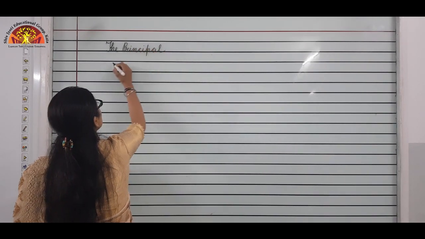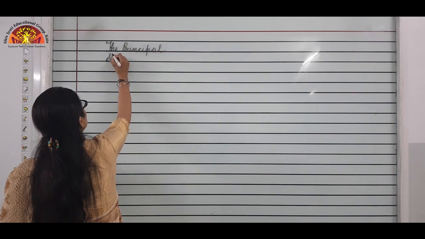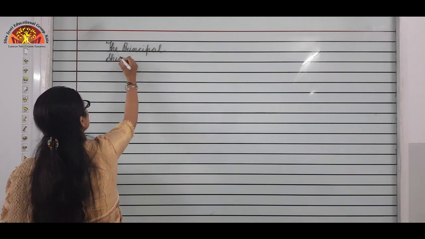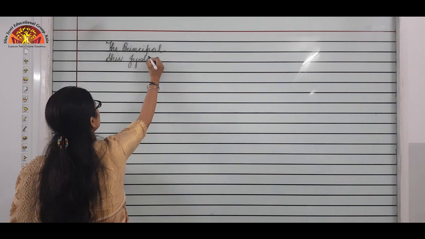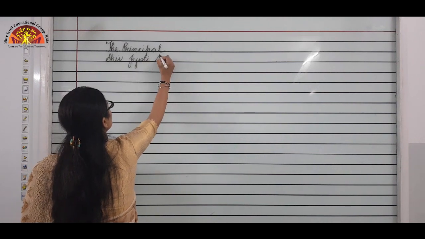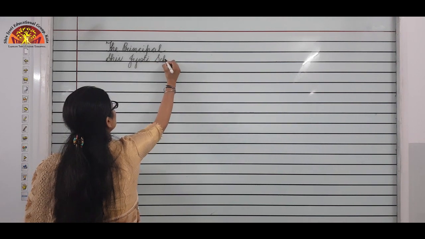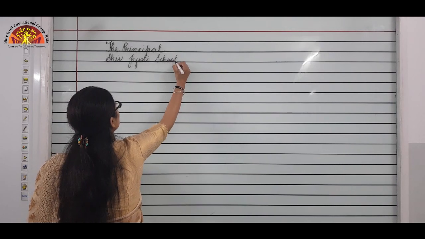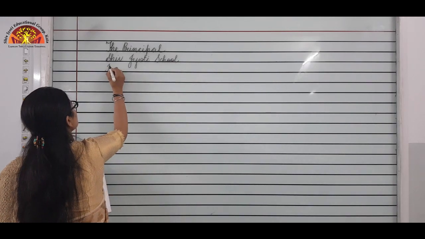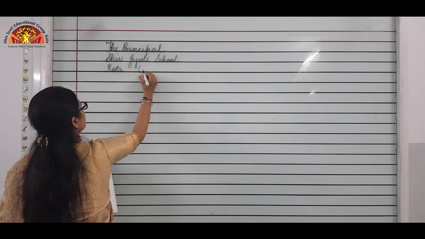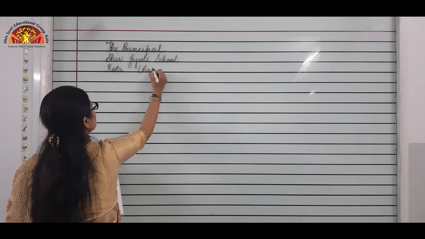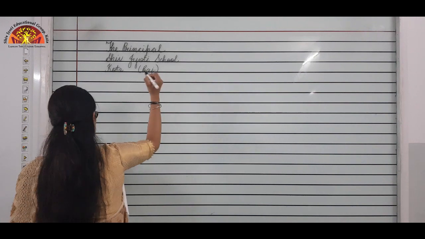Then you have to mention the name of your school, that is Shiv Jyoti school. Don't leave any line in between them. Then you have to mention the name of your city and state. Like this you will be starting your application.